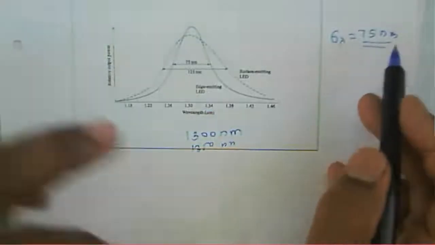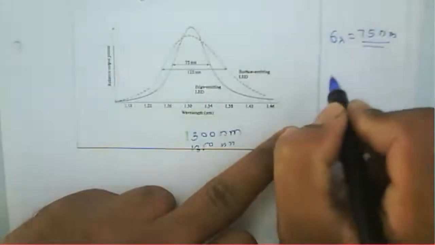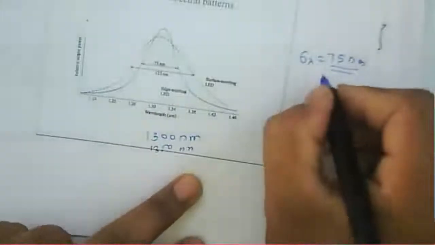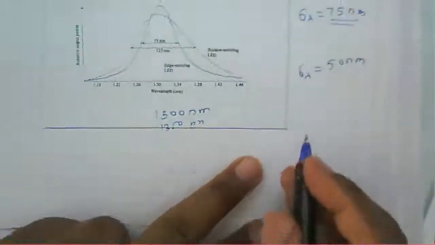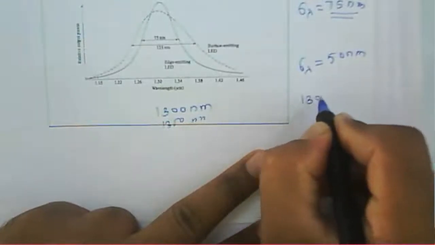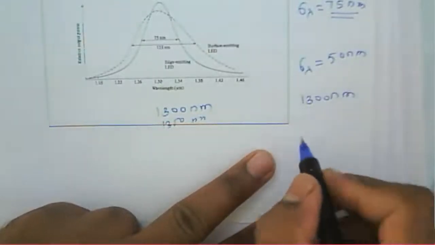That will be the easiest example. And we say that a peak occurs at 1300 nanometer. That is the peak now.